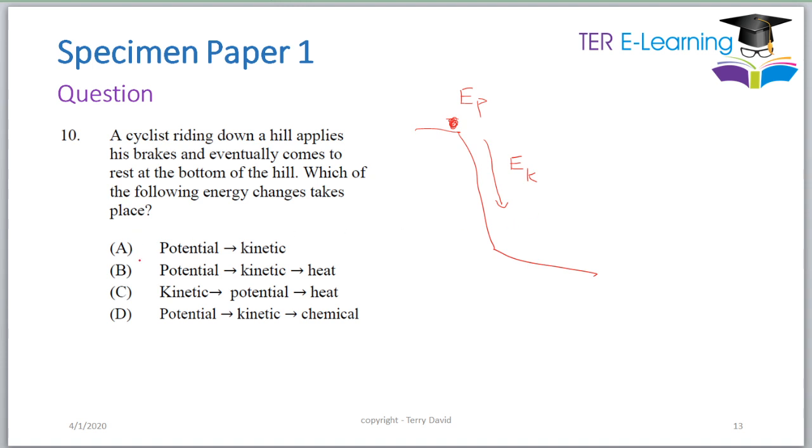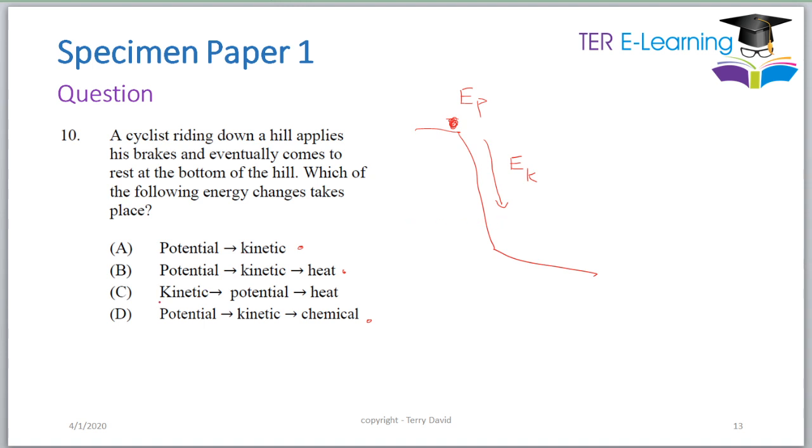So let's look at the answers. We're starting off with potential, and we're going to kinetic. So therefore, A, B, and D are potential answers. Now the thing is, when he's applying the brake, he is applying a force to oppose his motion, which means the brake is going to start to become hot, because you're doing work against friction.